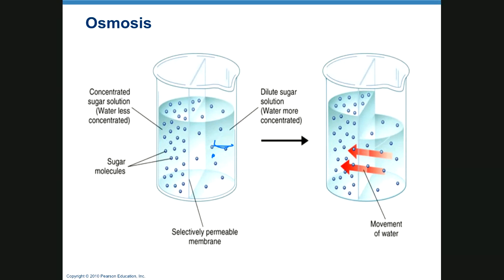And the stuff can be, it says sugar here, but in the bloodstream, probably one of the major factors that keeps osmotic movement going from the kidneys back into the bloodstream is plasma proteins. And these would be your plasma proteins. And so basically water is sucked towards those proteins.